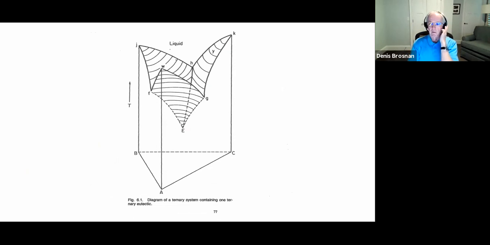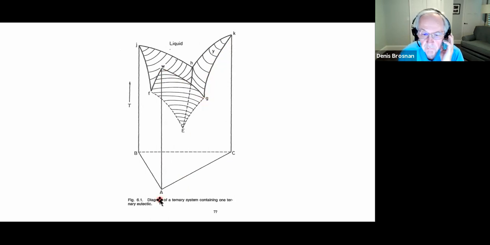And this perspective drawing says that the 3-component system is actually made up of 3 2-component phase diagrams. For example, A to C is the phase diagram between A and C, and the liquidus surface goes like this. The A to C phase diagram provides a eutectic right here.